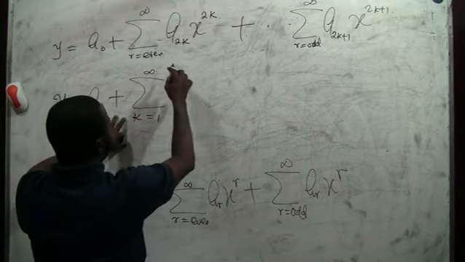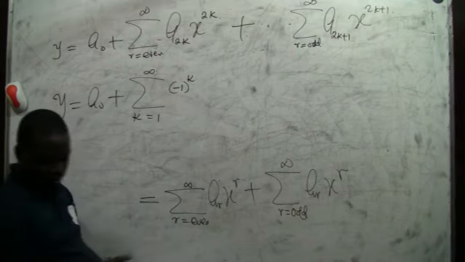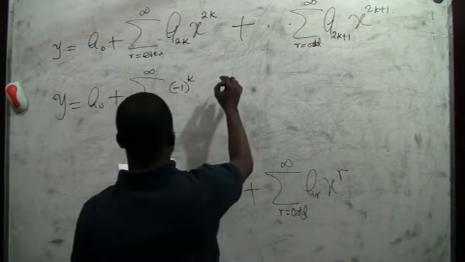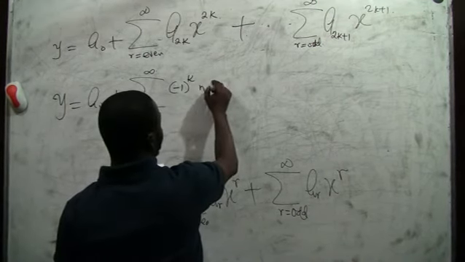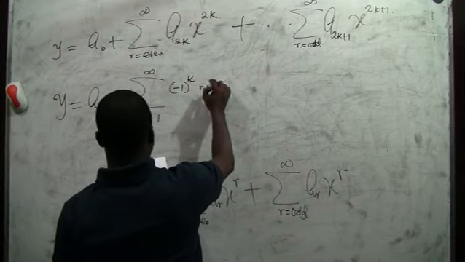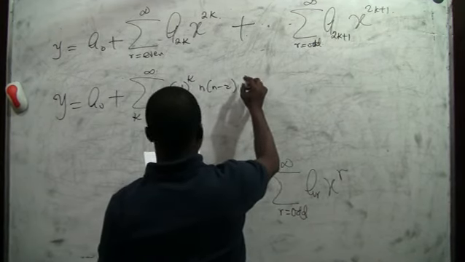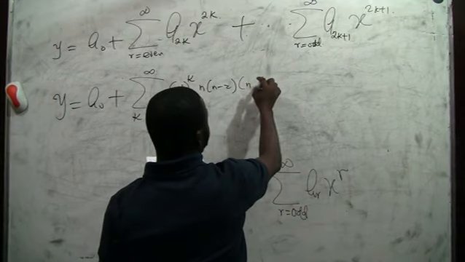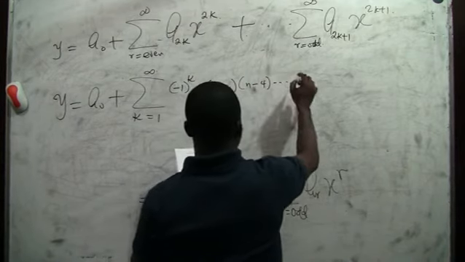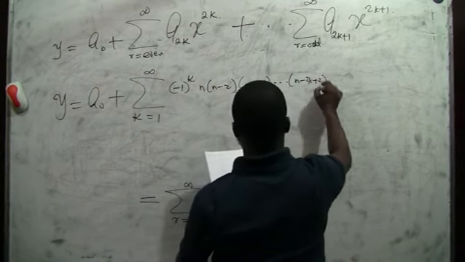We have the general term here: minus 1 raised to power k, n into n minus 2, n minus 4 up to n minus 2k plus 2.